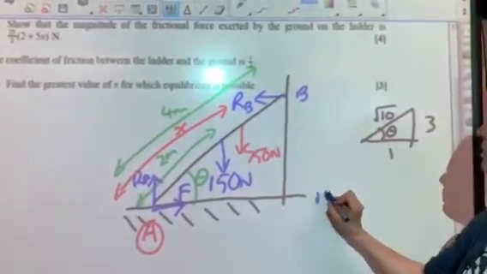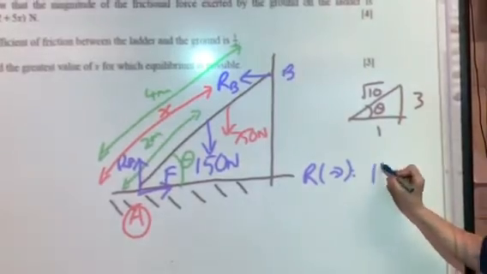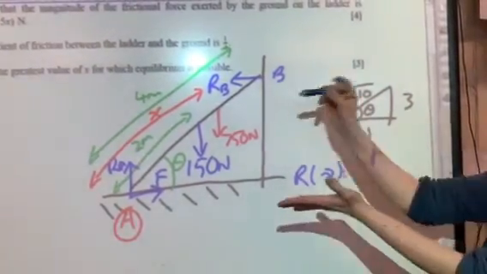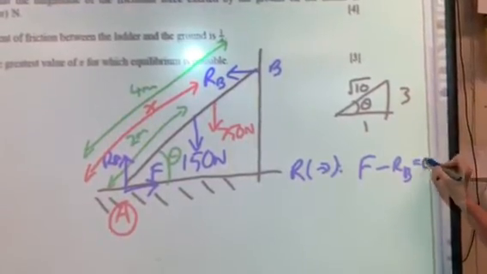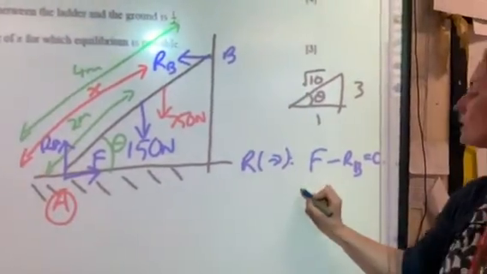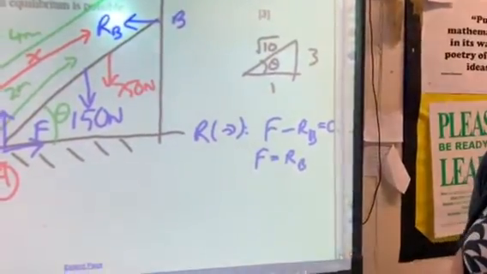In that direction I've got F, and against it I've got RB, so F minus RB has to equal 0 because we're not moving anywhere. That might be handy later: RB and F are equal.